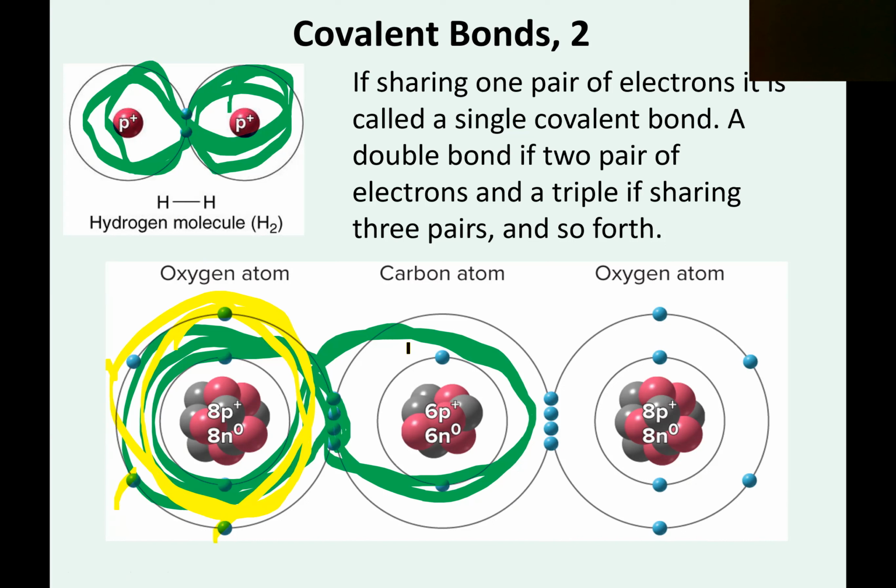So yes, there are specific electrons that are part of the bond. If they share three pairs, it's called a triple bond. So covalent bonds share electrons. They have to share pairs of electrons.